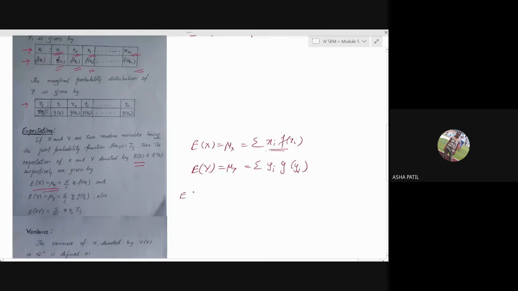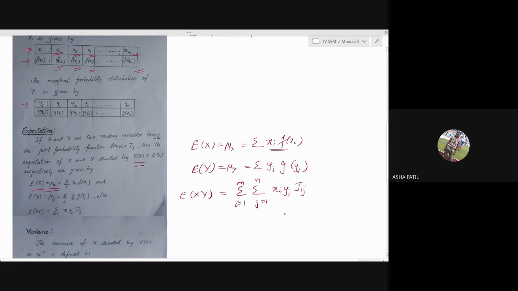Now the joint distribution we have, so expectation of x into y is nothing but the summation, with i taking the values 1 to m and j taking the values 1 to n, of xi yj into pij.